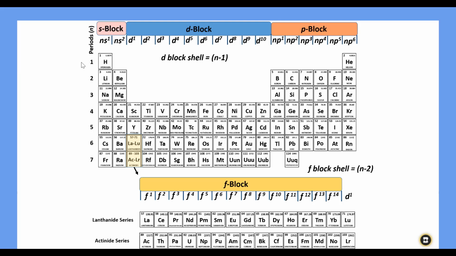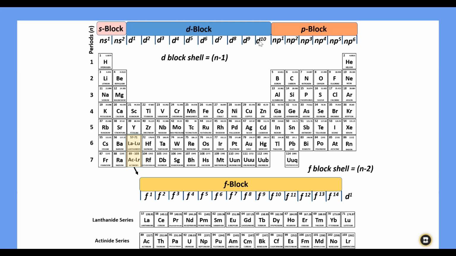If you want to do boron, it will be 1s2, 2s2, 2p1. If it's carbon, it will be 1s2, 2s2, 2p2.